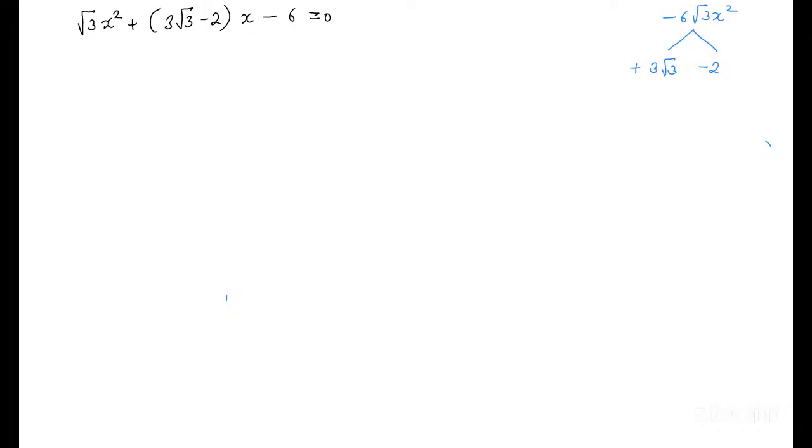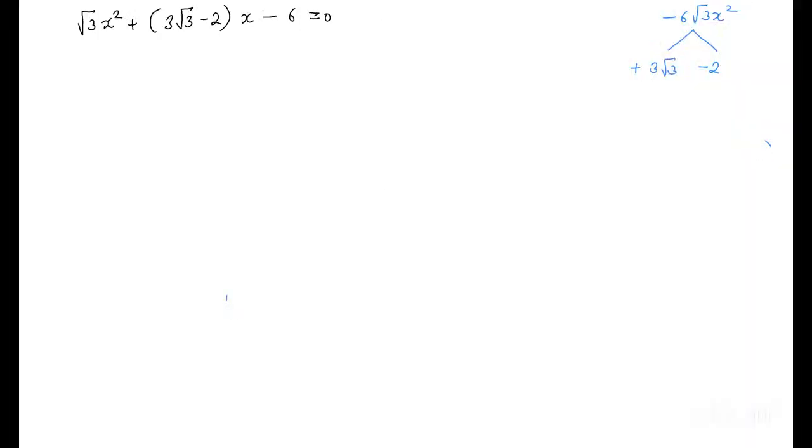So it means that root 3 x square plus 3 root 3 x minus root 2 x minus 6 equals to 0. Now what is the common between them?